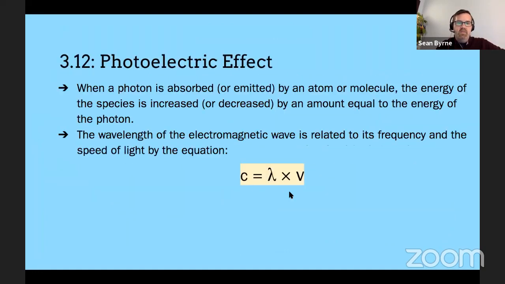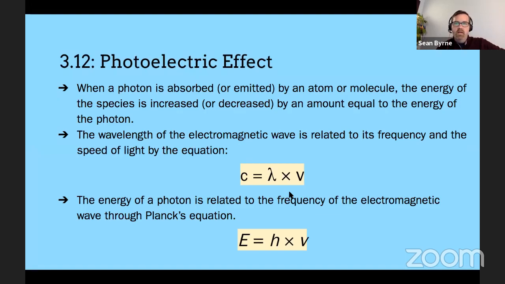We have a couple of equations to take a look at. When a photon is absorbed by an atom or molecule, the energy is increased or decreased by the amount of energy equal to the photon, right? That's a common theme that we've seen in a couple of different ways over the course of these two simulations.